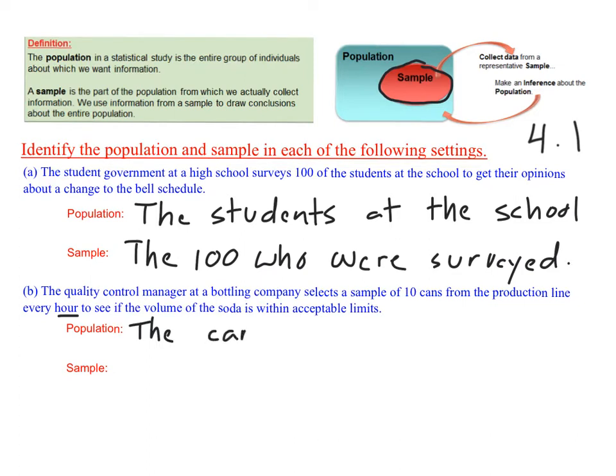Population on the second one would be the cans produced that hour. This problem does make a reference that the 10 cans for the sample were selected in a given hour. And really, when you think about the population, you should take the approach of asking, are we talking about, we like to just call them individuals. In the first problem, it's a student.